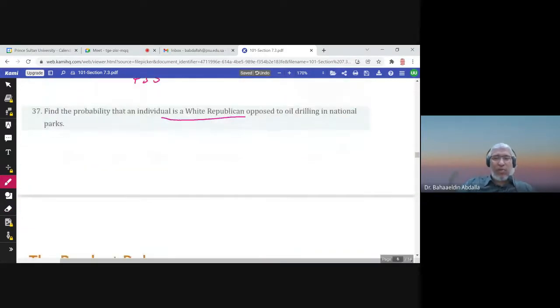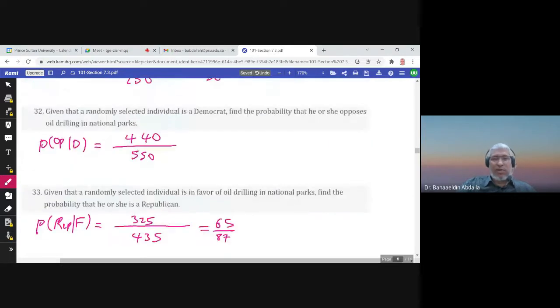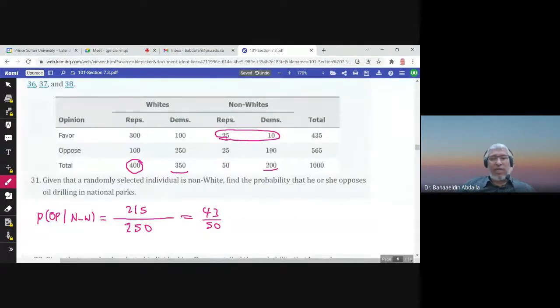So find the probability that an individual is a white Republican opposed to drilling in national parks. And he is opposed.